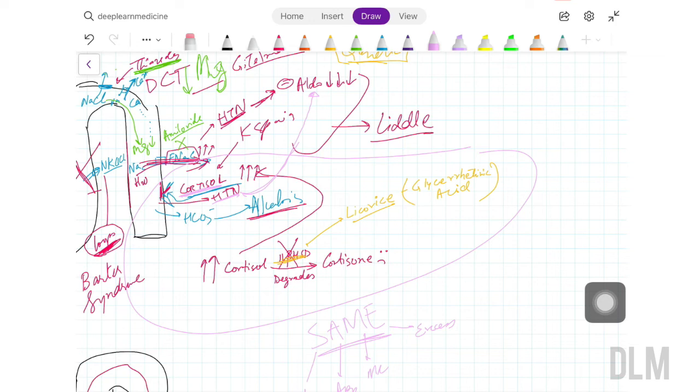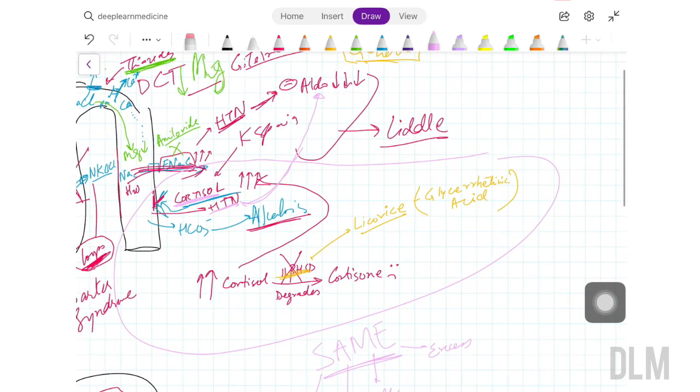presenting with hypertension. Let's just compare this with Liddle syndrome again. As we've already discussed, Liddle syndrome also presented with hypertension and decreased serum aldosterone, right? So this is something that you should keep in mind, that these two disorders are very similar, except one is caused by the overactivity of ENaC channels and the other is caused by high cortisol.